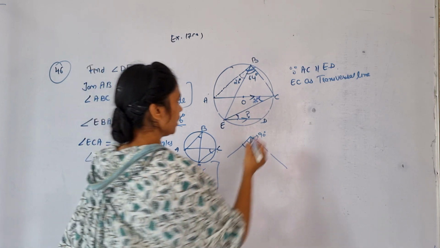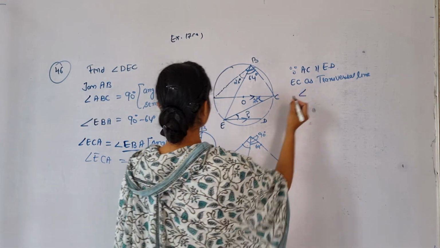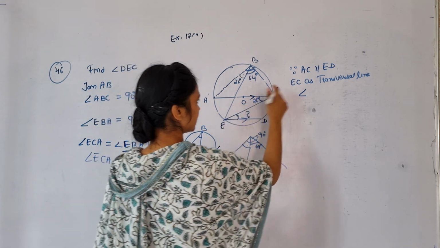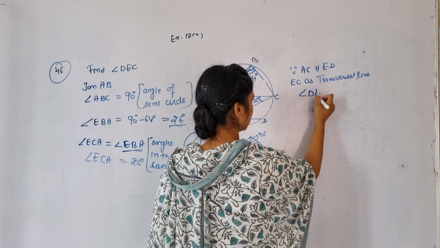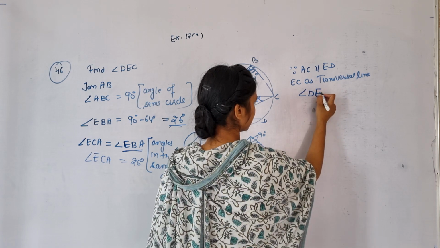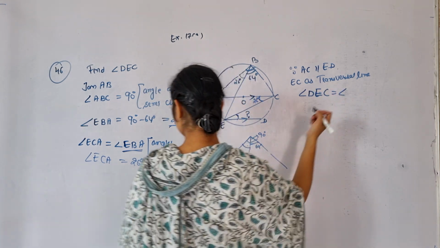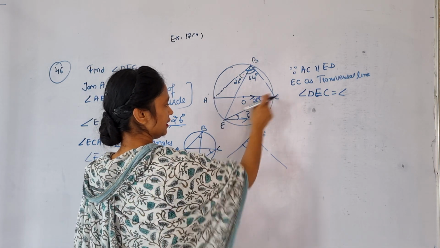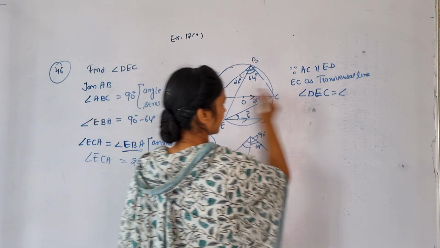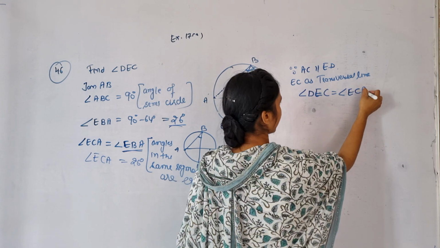Alternate angles. Means angle DEC will be equal to angle ECA.